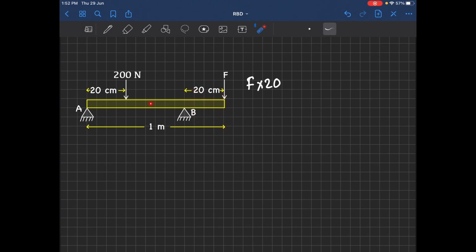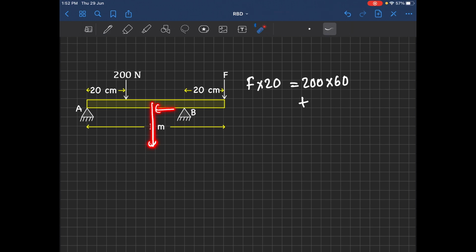In the anti-clockwise direction, there will be mg acting here, and this 200 Newton acting here. These two will apply some anti-clockwise torque. Now, this 200 Newton is at 20 centimeter distance, and this distance is also 20 centimeter, so the remaining distance becomes 60 centimeter. So the net anti-clockwise torque is 200 into 60 plus the mg of the rod.